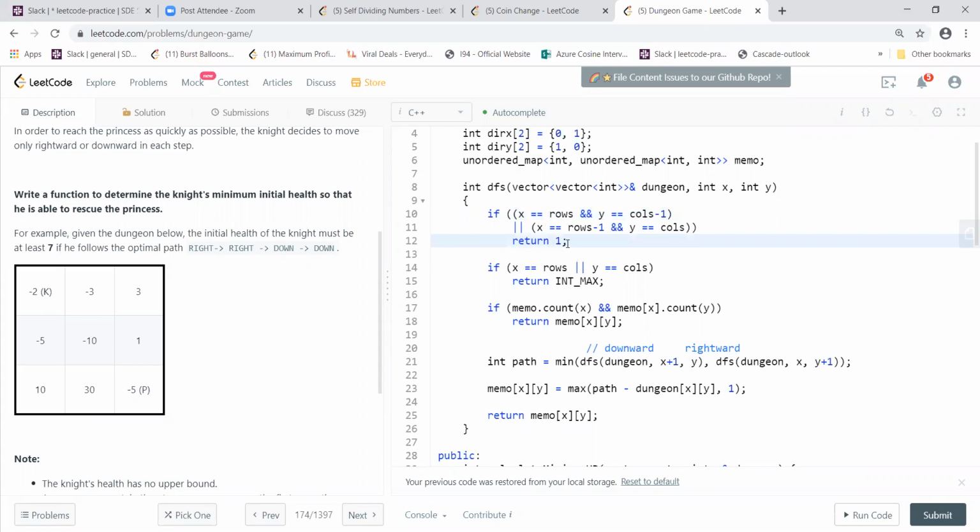That is the only base condition which is important. And the second, if I cross either of the rows or columns maximum, I just return max.